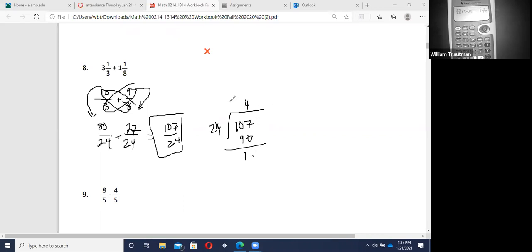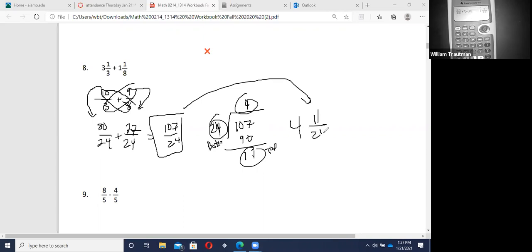So the answer is the whole number, top of the fraction, bottom of the fraction. So on your calculator, type those in, and you should get 4 and 11 over 24.